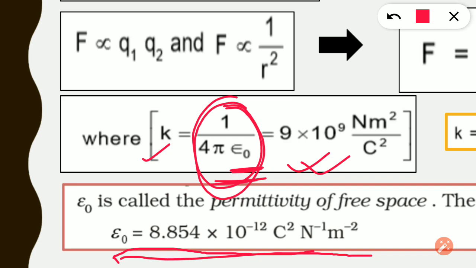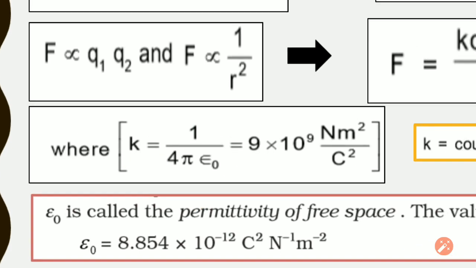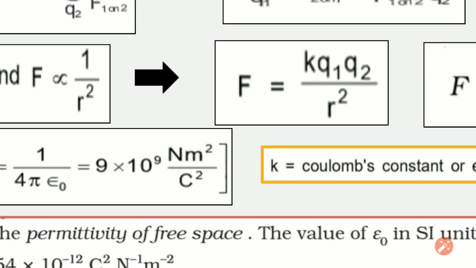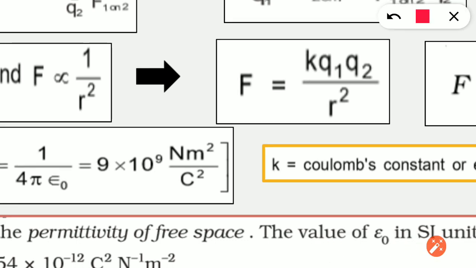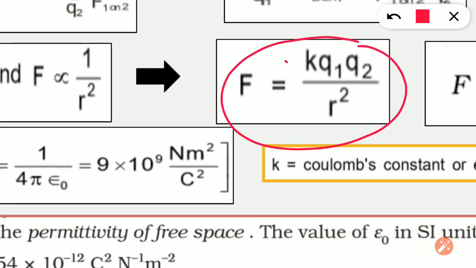Okay, clear? In the formula F equals K Q1 Q2 by R square, this K is always substituted by this value, provided the charges are kept in air or vacuum. Mind it, right?